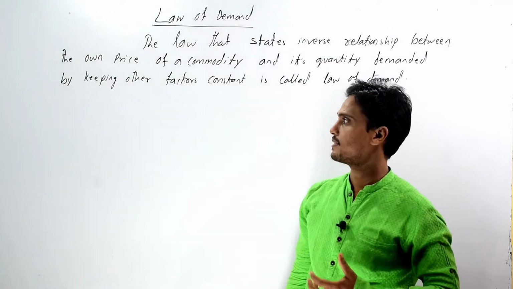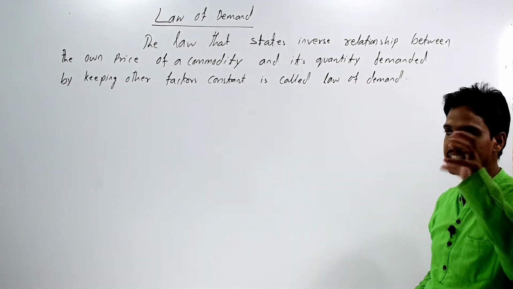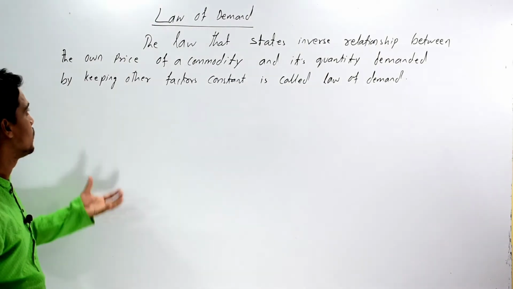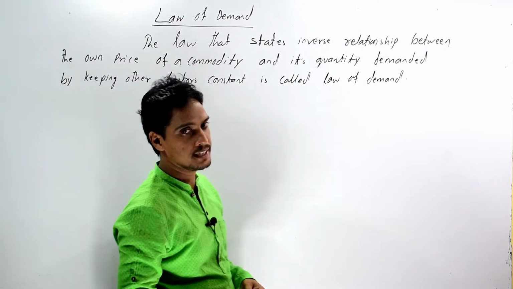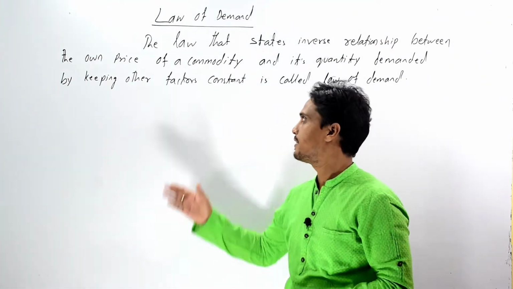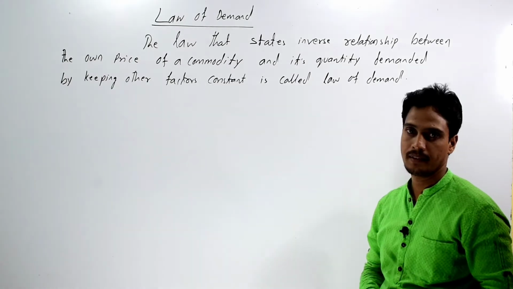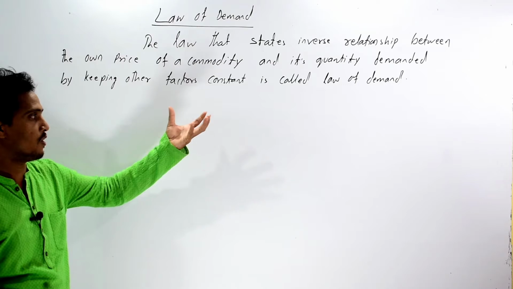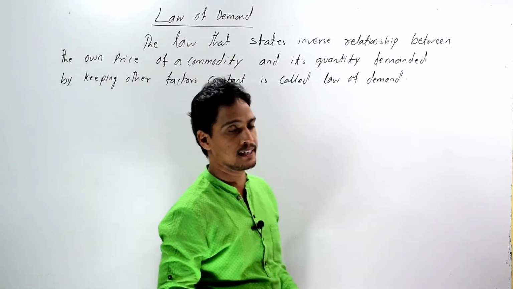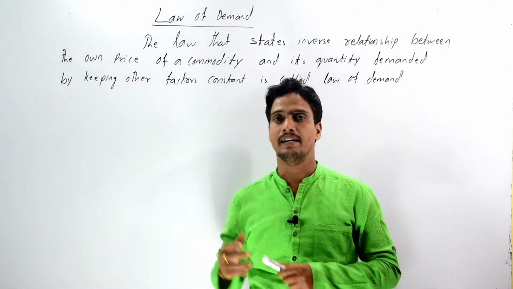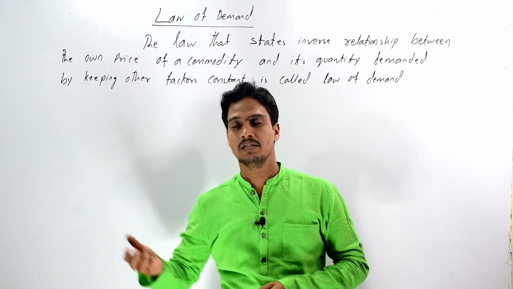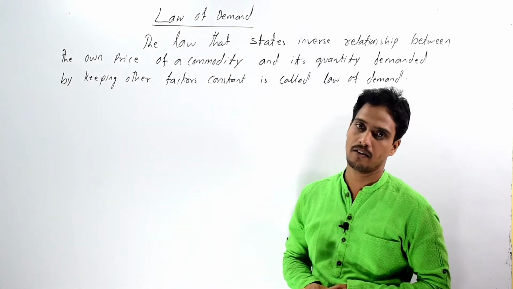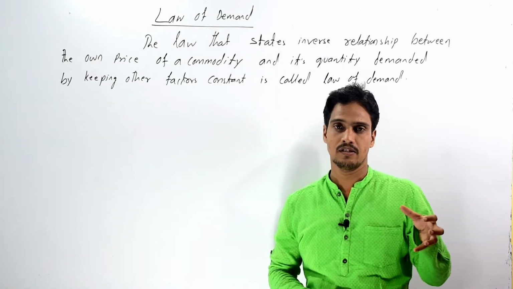The law of demand states an inverse relationship between the own price of a commodity and its quantity demanded, keeping other factors constant. That means other factors which are responsible for influencing the demand of a consumer should remain fixed or unchanged.